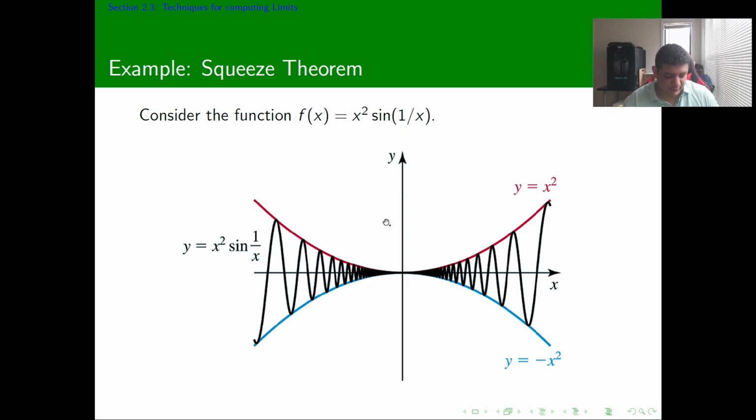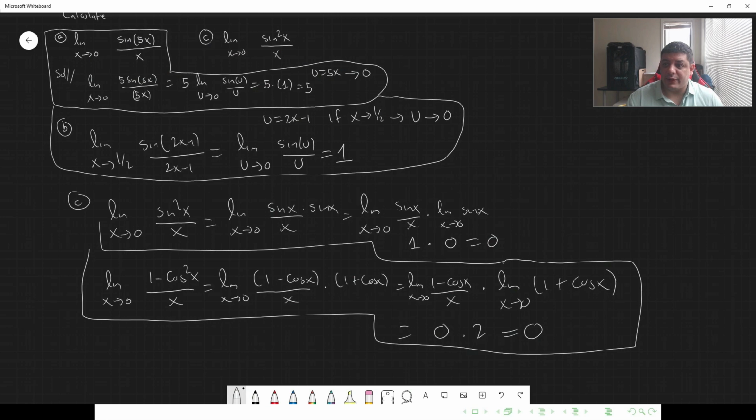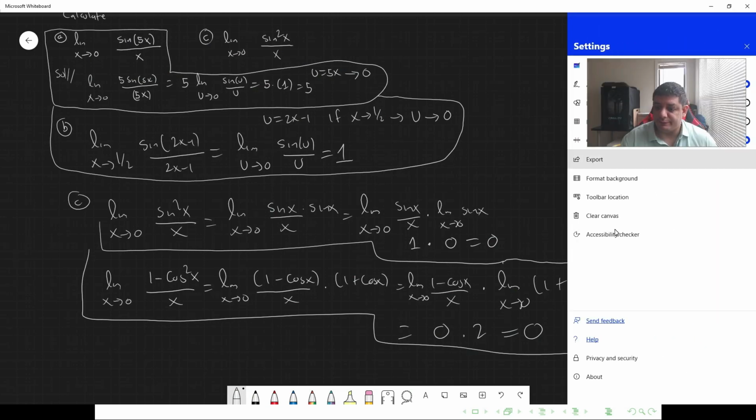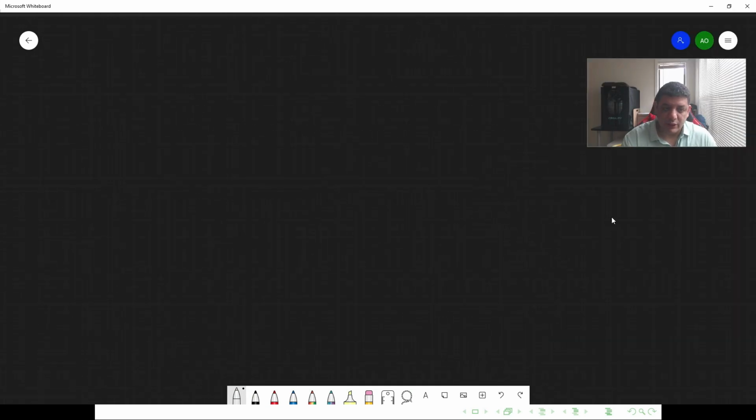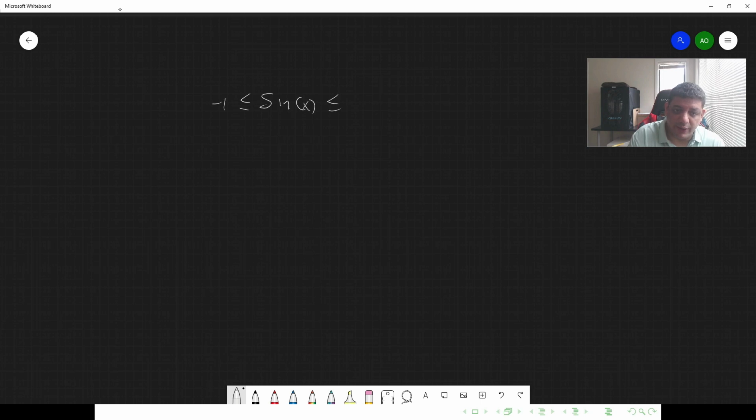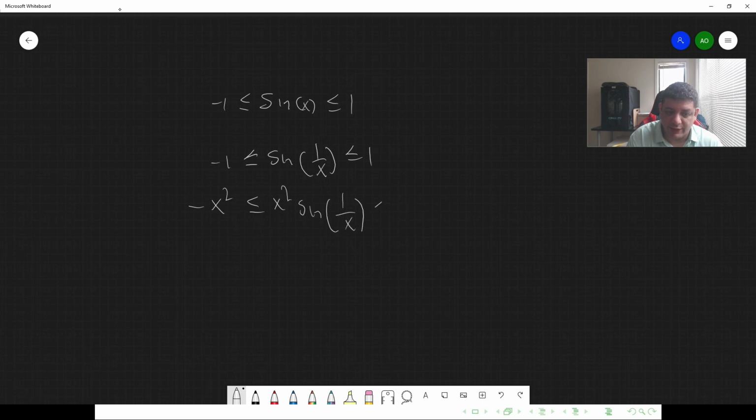Well, that's happening because in particular the sine of x is a function between minus 1 and 1. And so sine of 1 over x is not going to be an exception. That also holds true for that. Okay? And so I can multiply by x squared, and in doing that I'm going to get the following inequality.